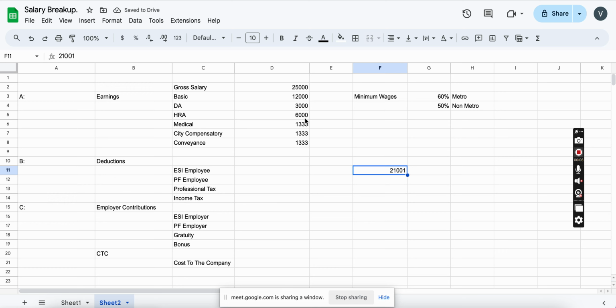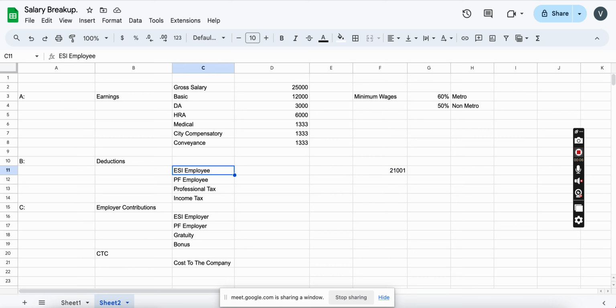I'm talking about gross salary, like here in this case 25,000. If the gross salary is less than 21,001 rupees, then ESI will be applicable. Otherwise ESI will not be applicable for that employee.